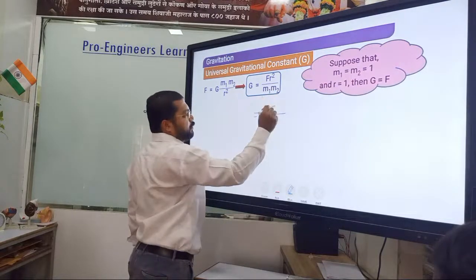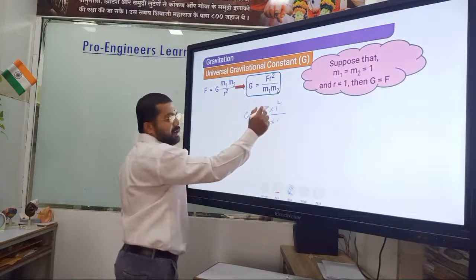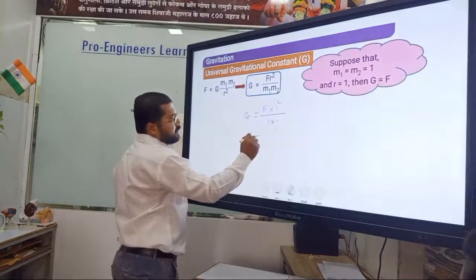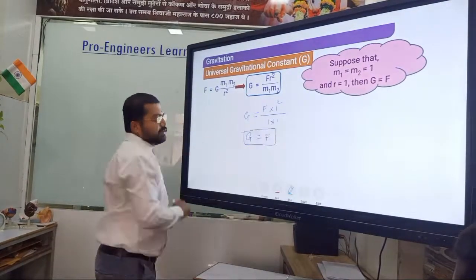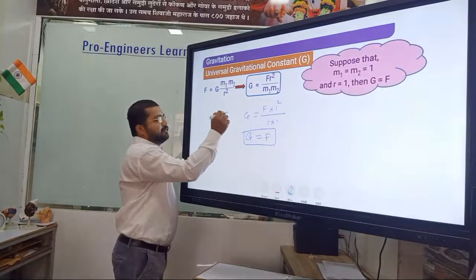If I put 1 square into F and G, what will happen? 1 square is 1, into 1. So obviously G is equal to F. So in the examination they may give these options to you.